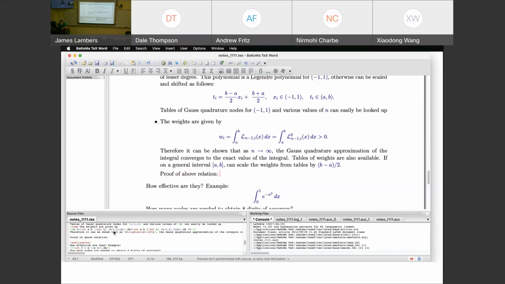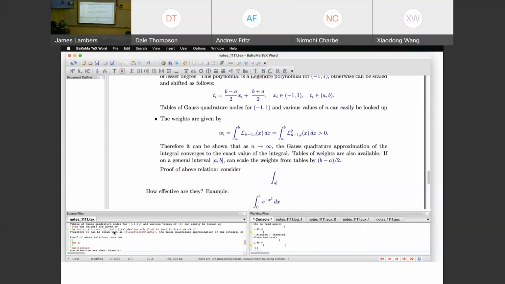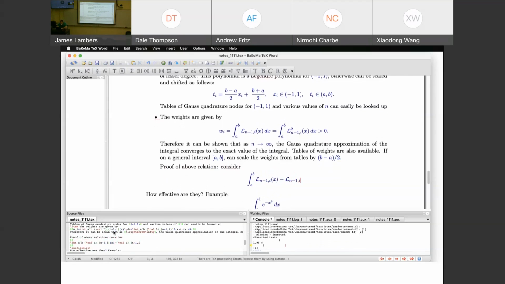So if we take a look at the integral of the difference of the Lagrange polynomial and its own square, we want to show that this whole integral is equal to 0, so that would show that these two are equal.